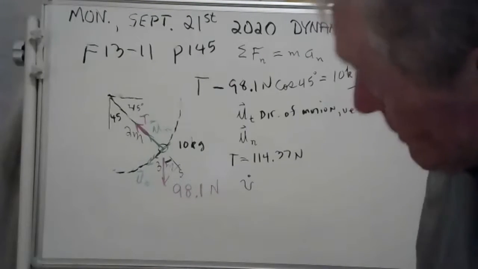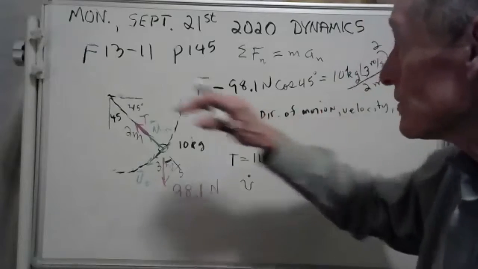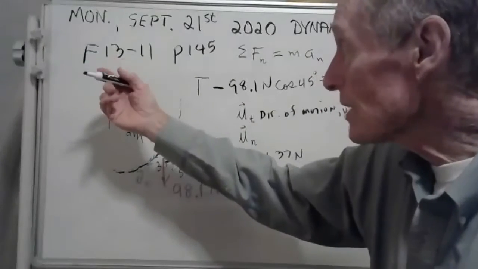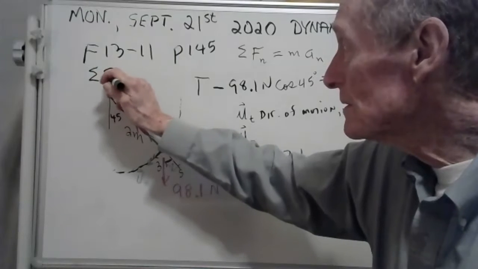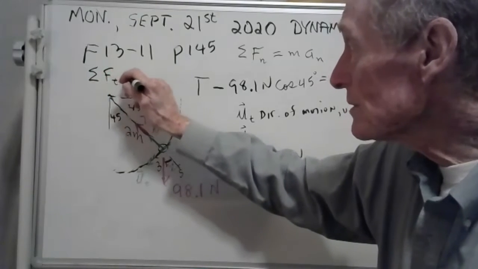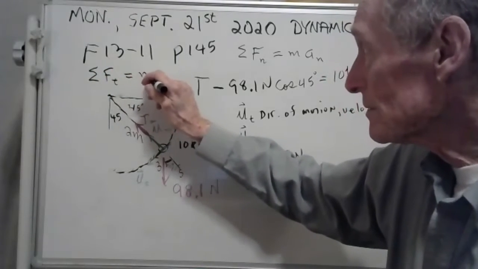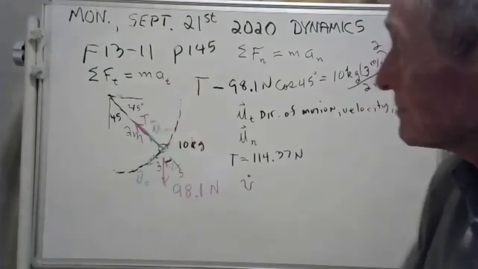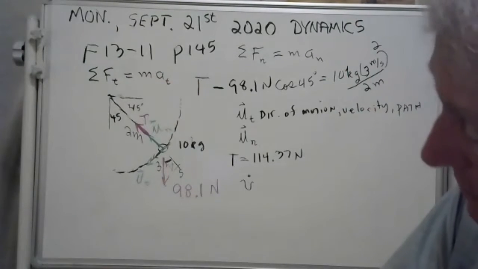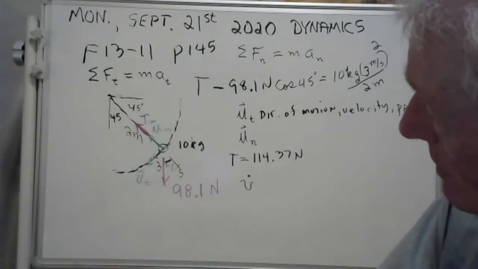All right. Now to get that, what we got to do is write Newton's second law, but we're going to do it in the tangential direction. Well, let's see, where's the tangential direction?